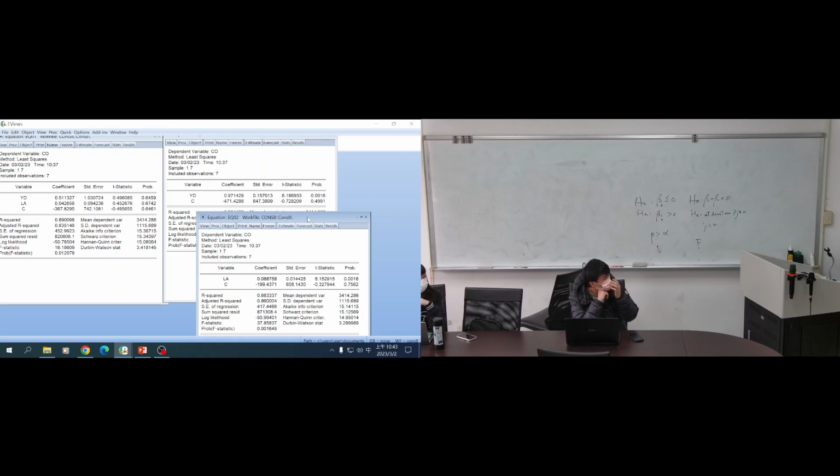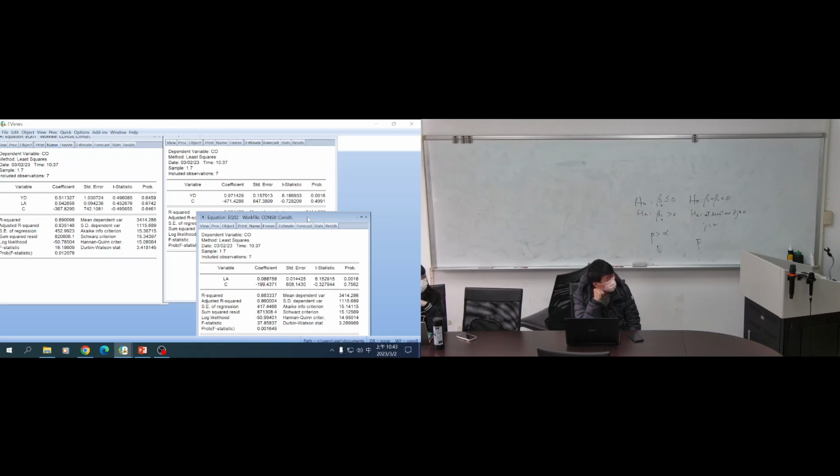And this one says that if you have $1 of liquid assets, you will spend like 8 cents or 9 cents on consumption.